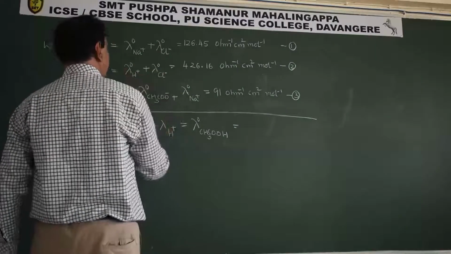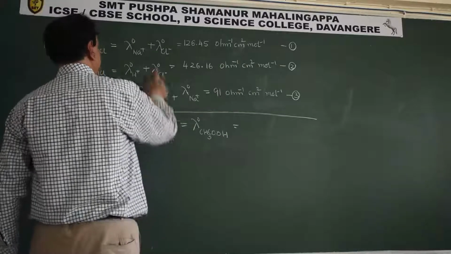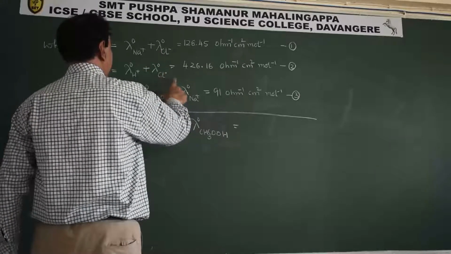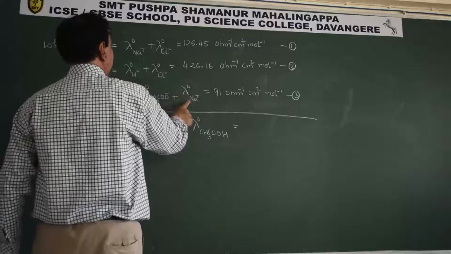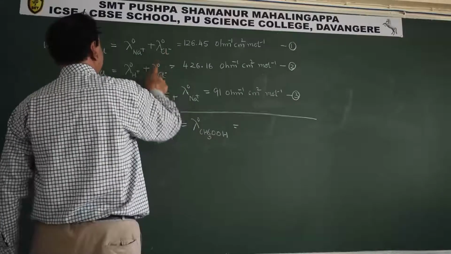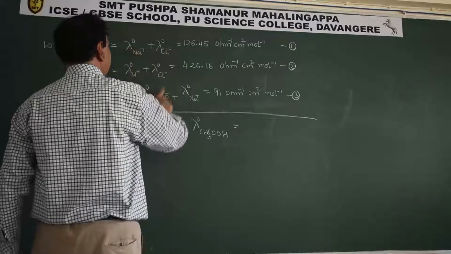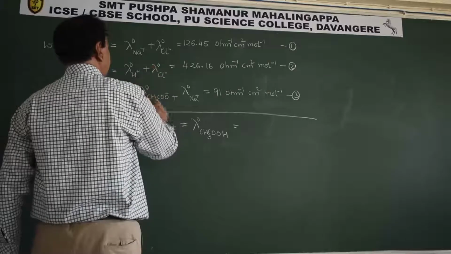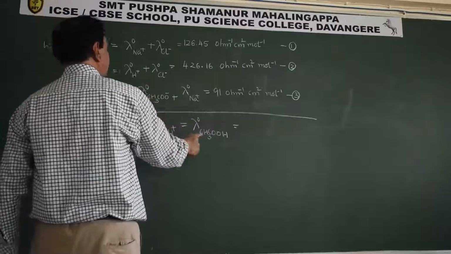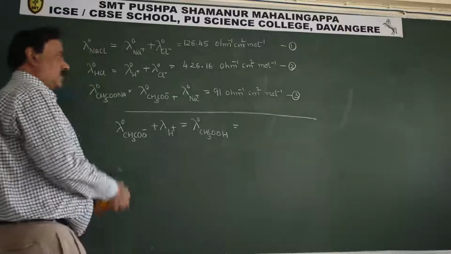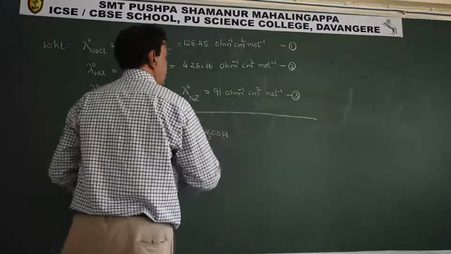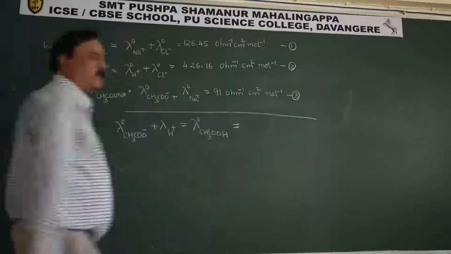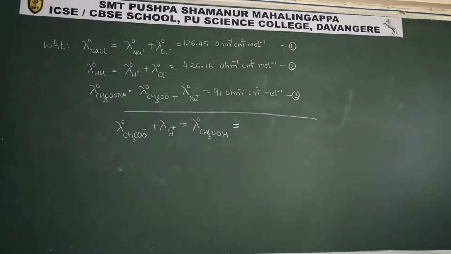Out of these 6 ions, you have to retain 2 ions and reject 4 ions, because the Na plus ions and Cl minus ions get cancelled, and you retain CH3COO minus and H plus, which gives rise to CH3COOH. Then how do we obtain it from equations 1, 2 and 3?